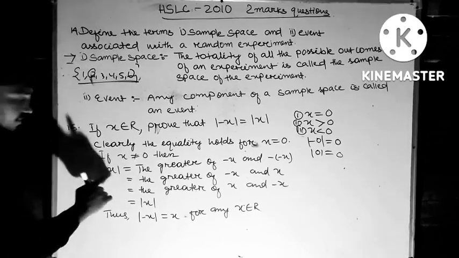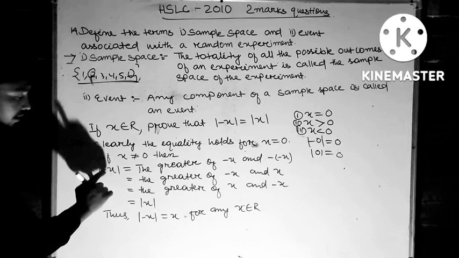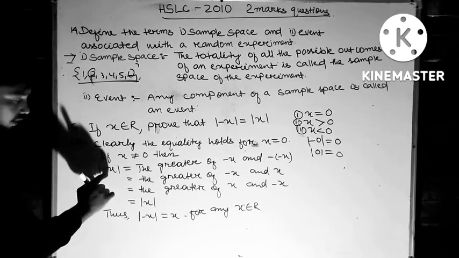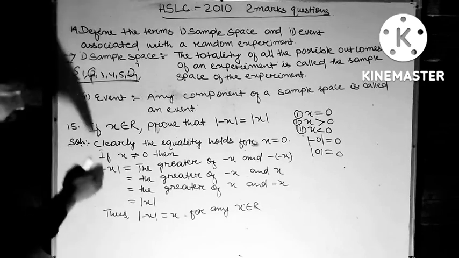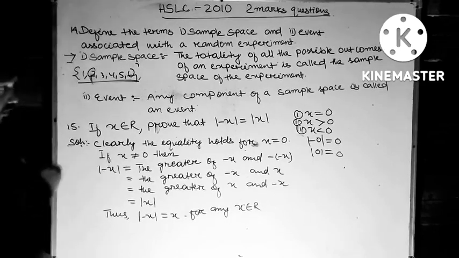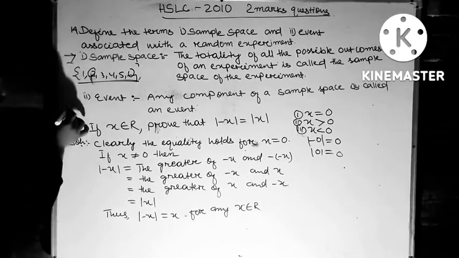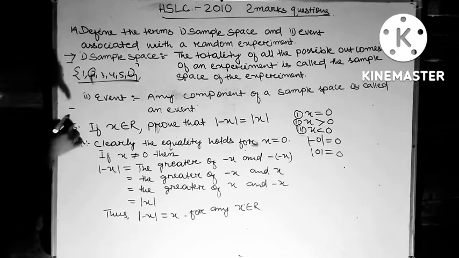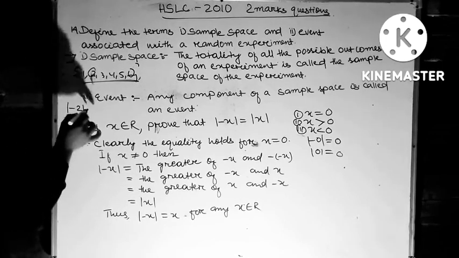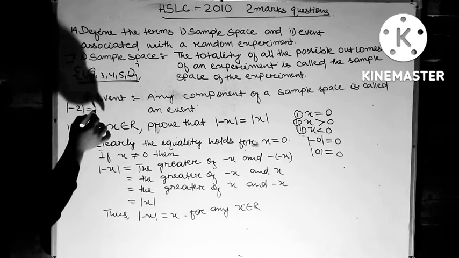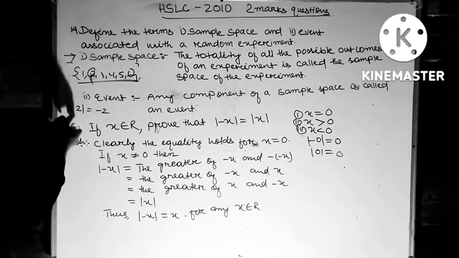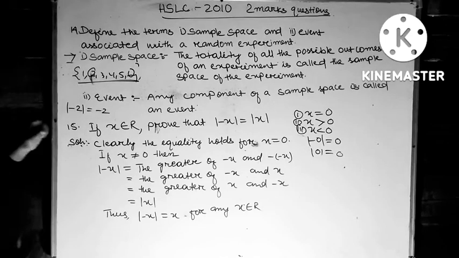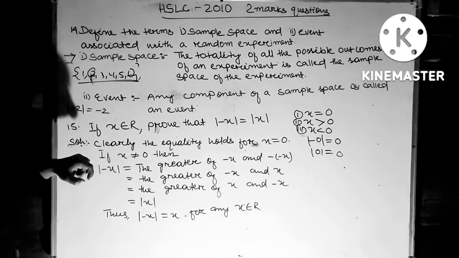So let's say it is less than 0. Then what do we get? Let's take the number as -2. So it will be -2. And whenever this number comes out, it comes in two ways, one positive and one negative.